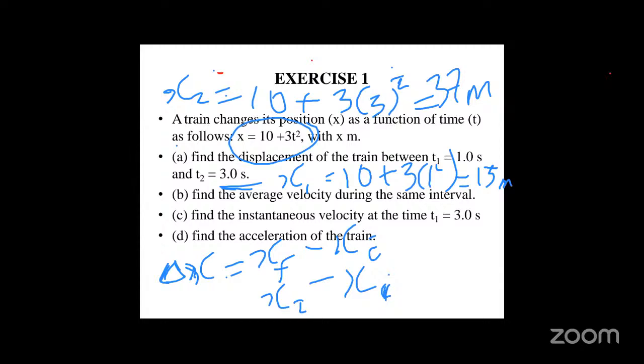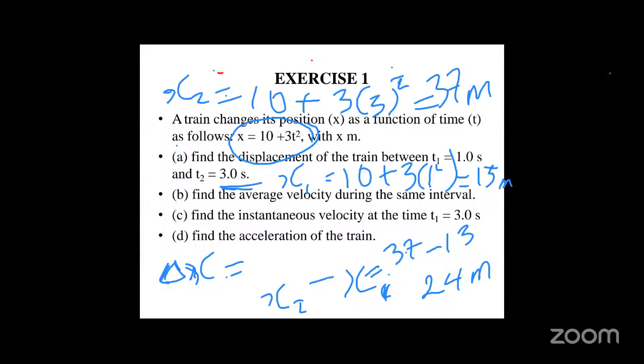So now change in position, which is displacement, will be X2 minus X1. X2 is 37, X1 is 13. So displacement will be 24 meters. So that is the answer to our A, 24 meters.